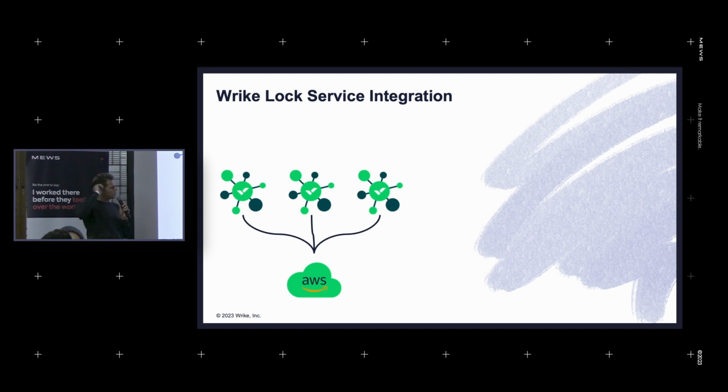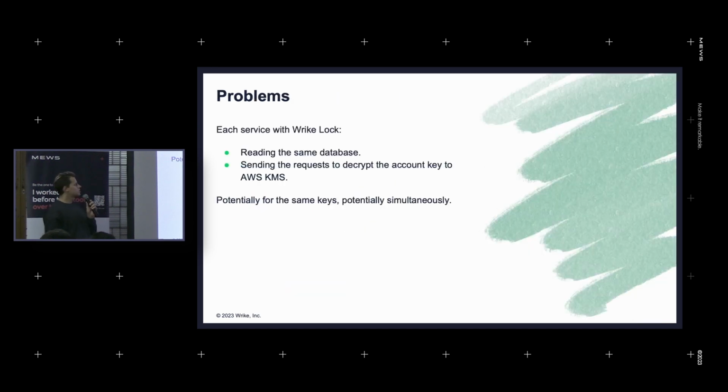So there might be some problems with AWS, because in all of the services we have which are touching the sensitive data, we have this Wrike Lock implementation, which goes to the database, gets the keys, and talks to AWS, in all of the services. They're reading the same databases, sending requests to decrypt probably the same account keys to AWS.